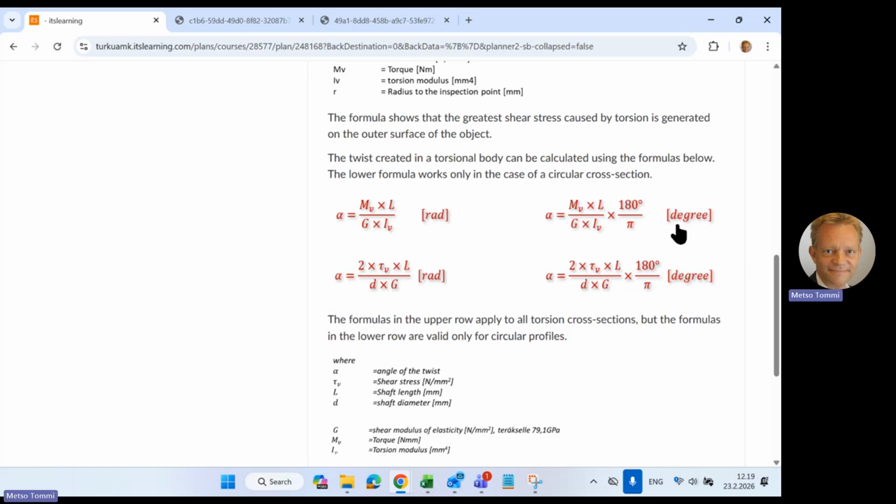If you want the unit to be degrees, you have to use this extra part. So you put 180 degrees per pi. And also in this formula, you can change the unit to degrees the same way.